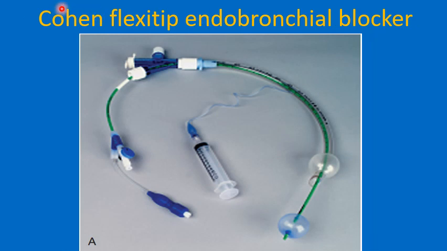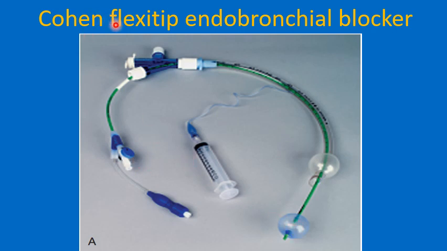This is the Cohen flexitip endobronchial blocker. It is attached and inserted through the single lumen tube using an adapter. It has a pilot balloon which we can inflate, and there is a circular wheel, with the help of which we can do the movement of the tip of the bronchial blocker.